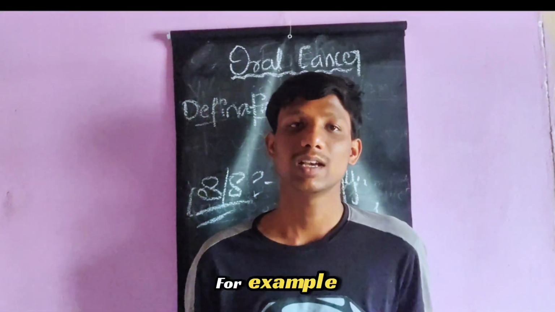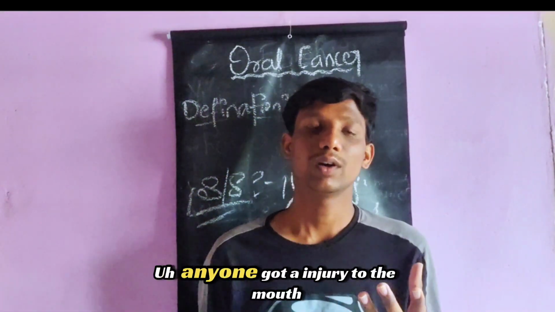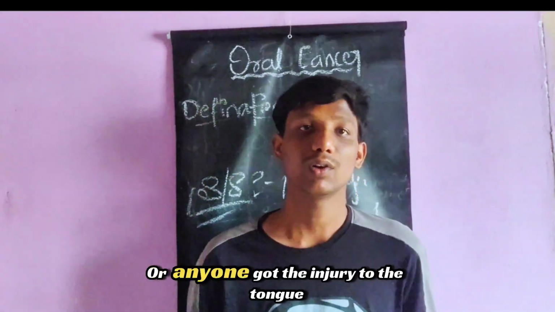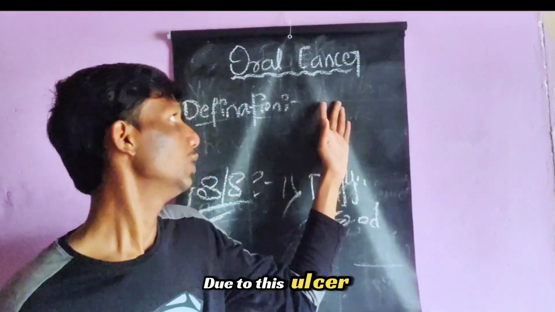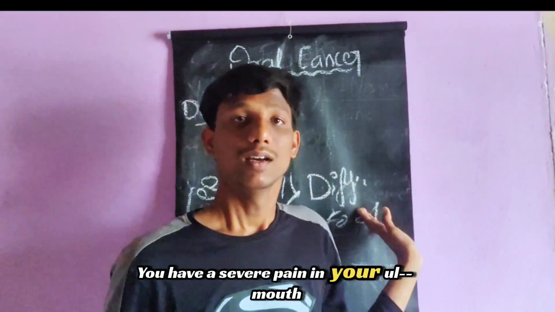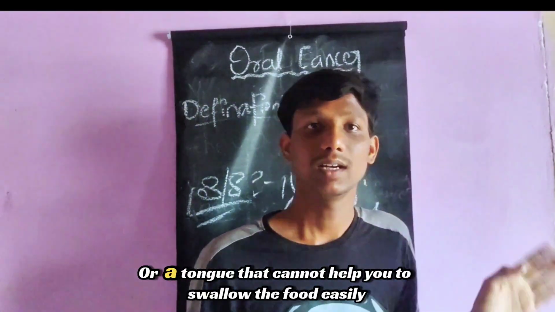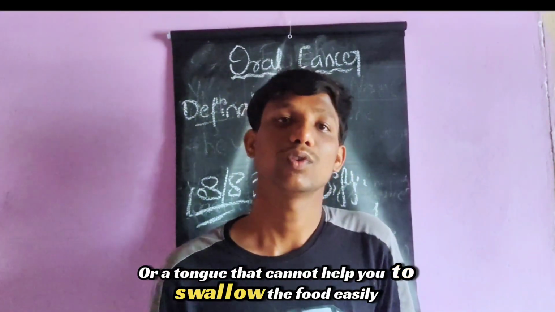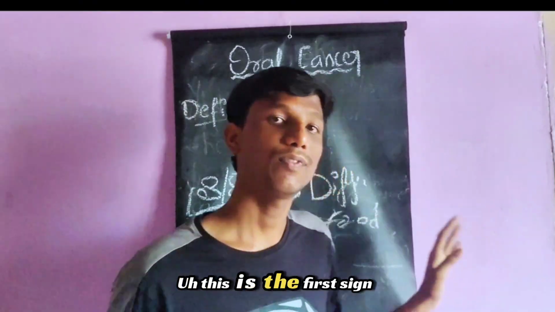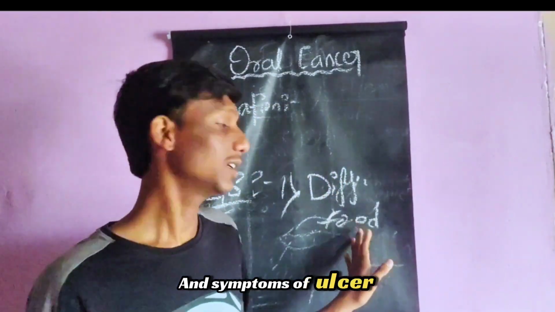You can't chew the food or swallow the food. For example, if anyone has an injury to the mouth or tongue, you can't swallow the food. Due to this ulcer, you have severe pain in your mouth or tongue that does not help you swallow the food easily. This is the first sign and symptom of ulcer.